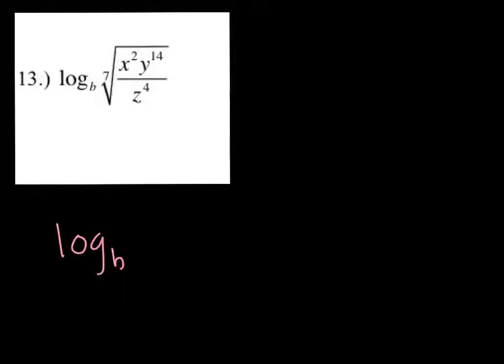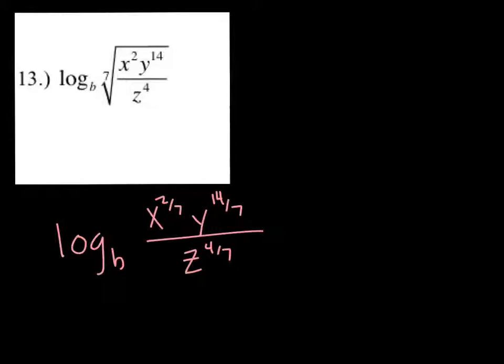So if you have x squared, this is going to be x to the 2/7 times y to the 14/7 over z to the 4/7. Now it looks a little weird because everything has fractions that are exponents, but that's fine. So now what happens is x and y are being multiplied together as a product and then being divided by z to the 4/7. So whatever is being divided is going to get the subtraction.